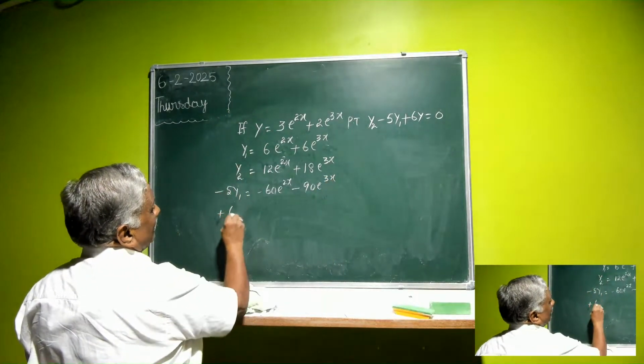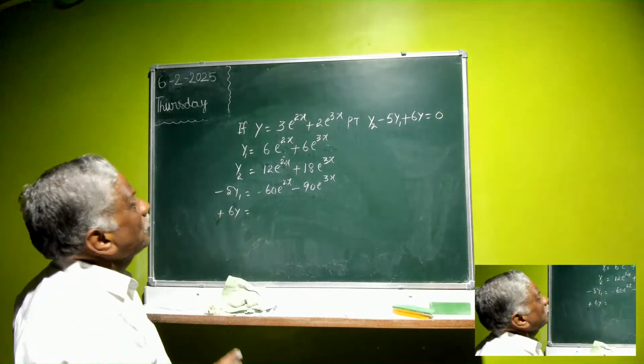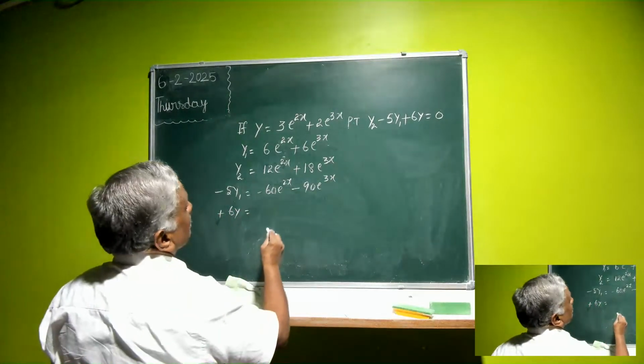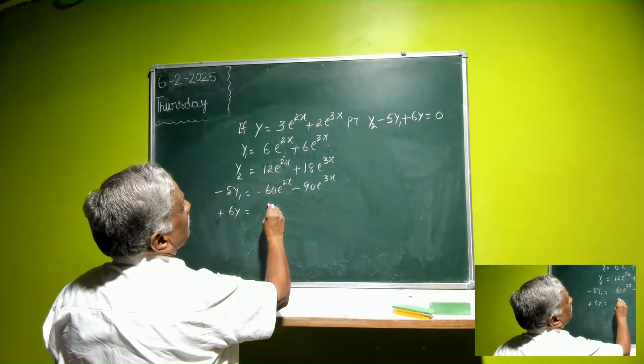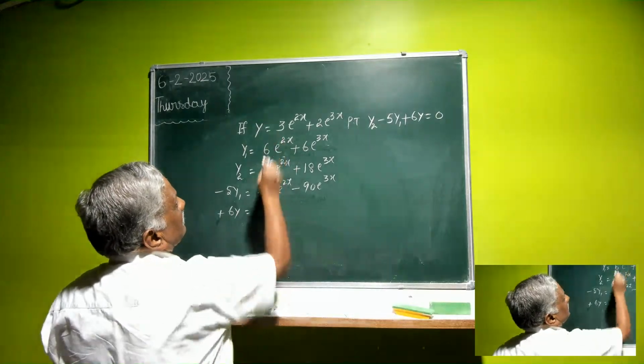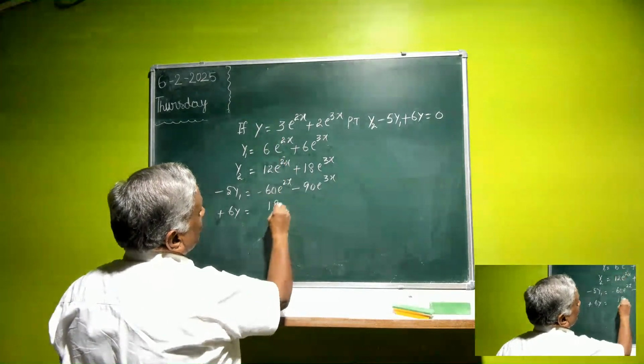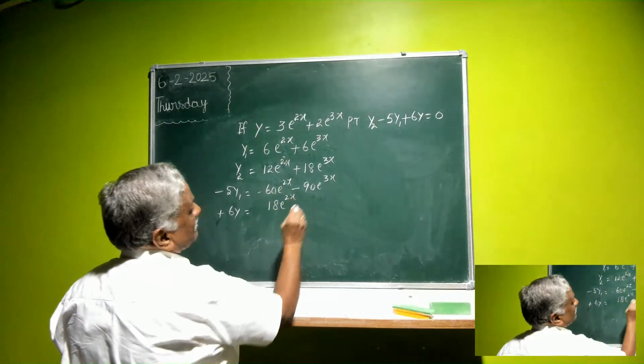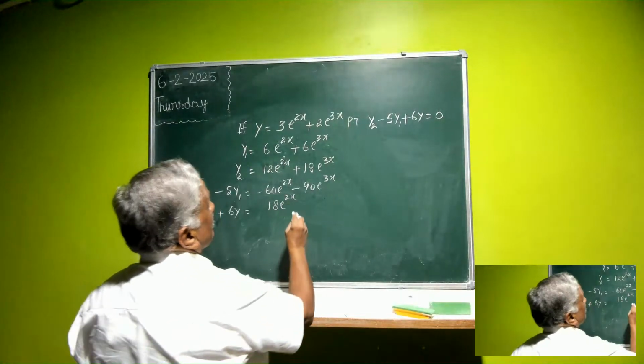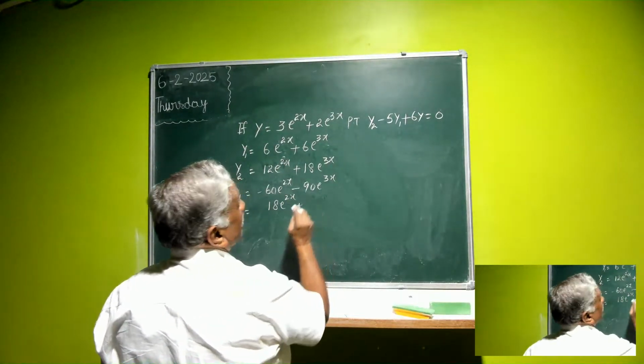Plus 6y is equal to 6 into 3, 18e^(2x), and this is 12e^(3x).